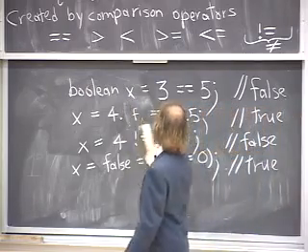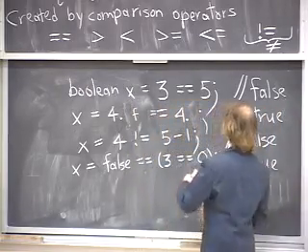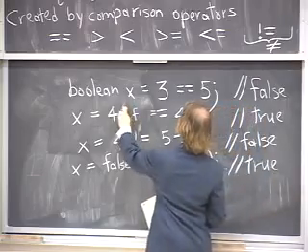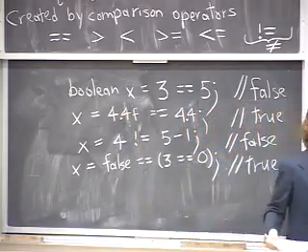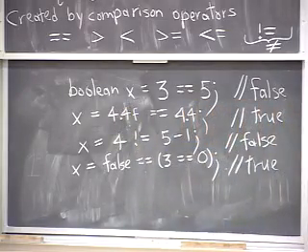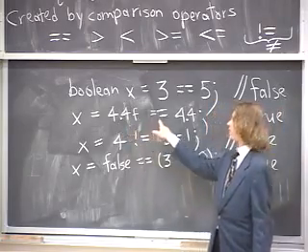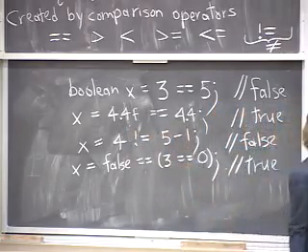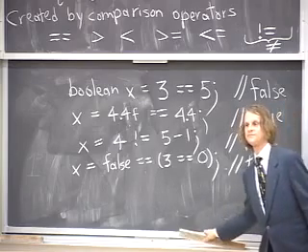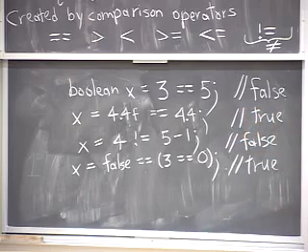On the other hand, if these are 4.4, turns out 4.4 cannot be expressed exactly as a binary floating point number, so this will be rounded off, and this will be different from this, so they won't be equal. So this is where the weirdness of floating point numbers really takes over, and you'll learn more about that in 61C.